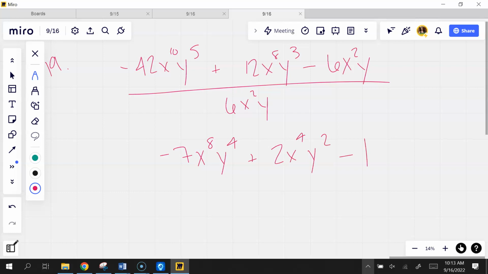No, he said it wrong, but I knew what he was talking about. 7x to the 8, I don't know. So this just splits up into 3 different fractions, is all that does.